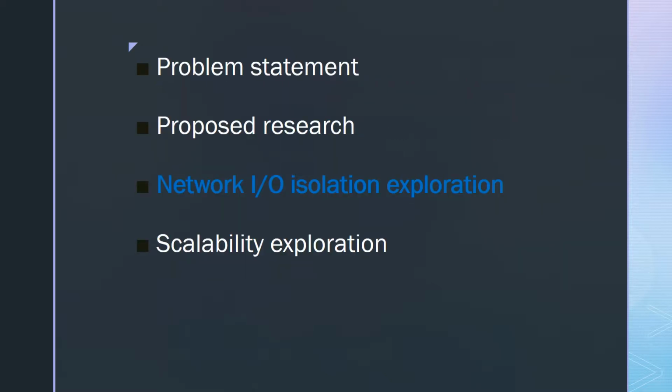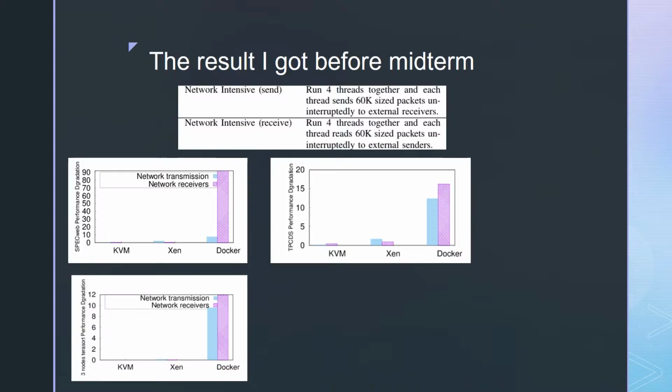Then let me start with the network I/O isolation exploration. Let me start from the result I got before the midterm. I have some stress tests shown here. If I run the first one, I get the purple result. If I run the second one, I get the blue result.